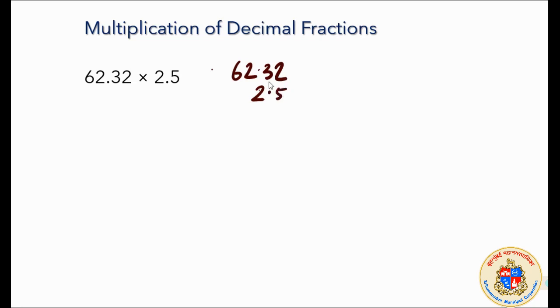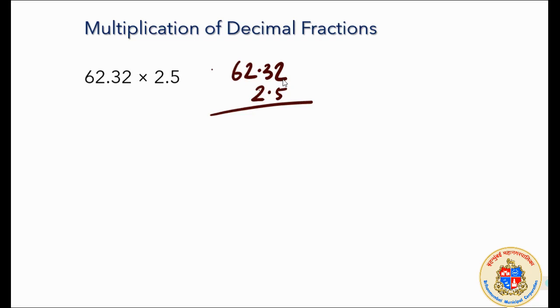we will write without considering these decimals. Decimal के बारे में अभी सोचेगा ही नहीं. We don't have to bother about decimal now. We will bother about decimal only when we finally project the answer. That is the technique. Projecting the answer means you will write the answer. तभी आप सोचेंगे decimal के बारे में.